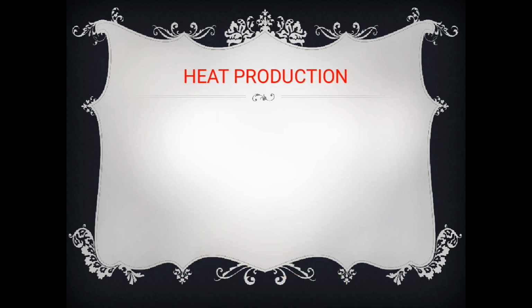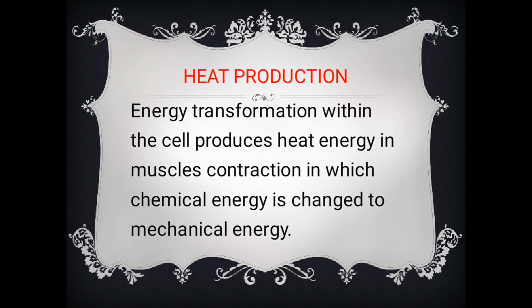The third one is heat production. During heat production, energy transformation within the cell produces heat energy. In muscle contraction, chemical energy is changed to mechanical energy. When there is muscle contraction and relaxation, there is always a release of heat.